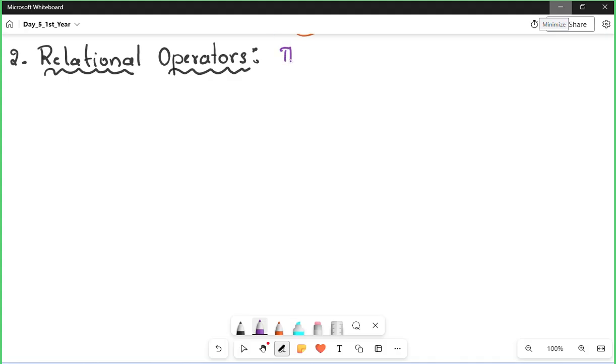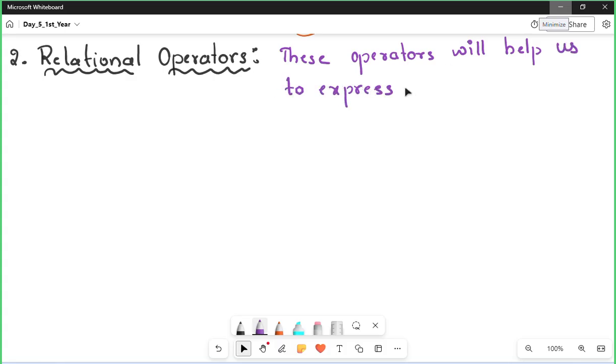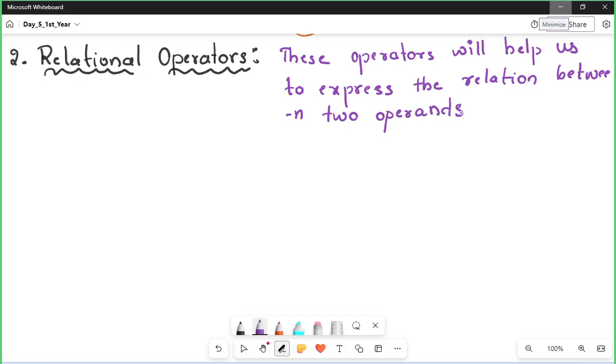These operators will help us to express the relation between two operands.